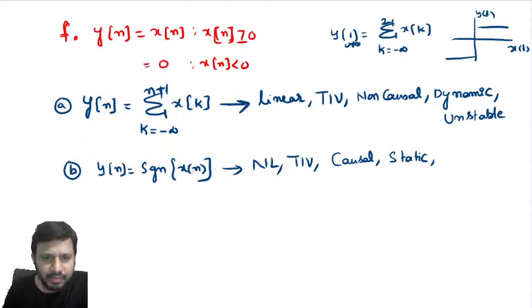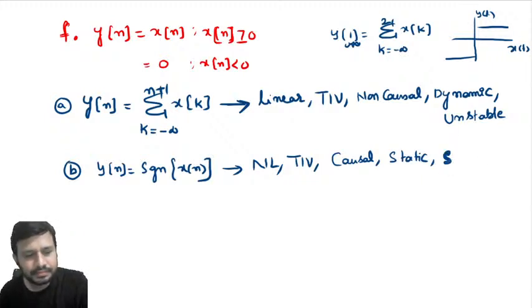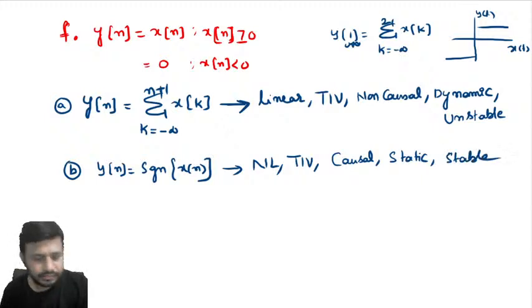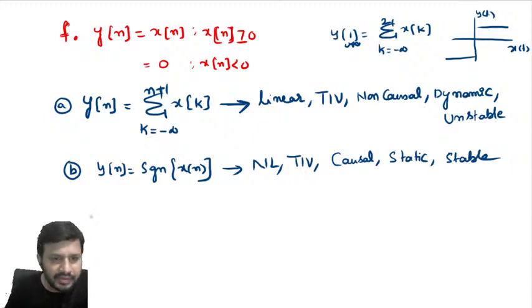It is stable because bounded input will always produce bounded output. Whatever the input, its value always lies between -1 and +1 only. So it is stable. So non-linear, time invariant, causal, static and stable. Hope all of you got the same answer.